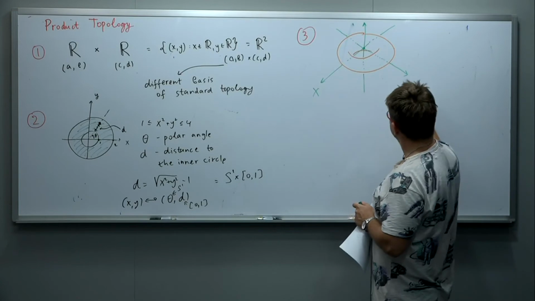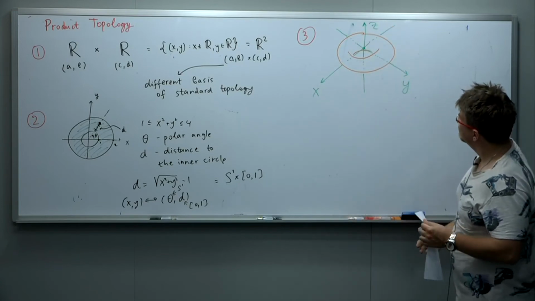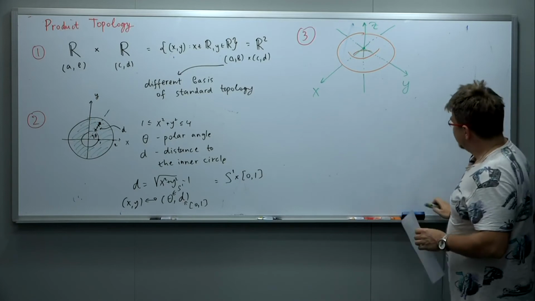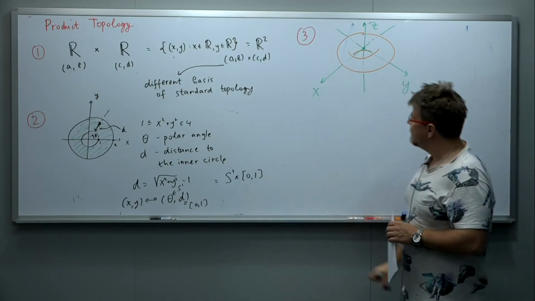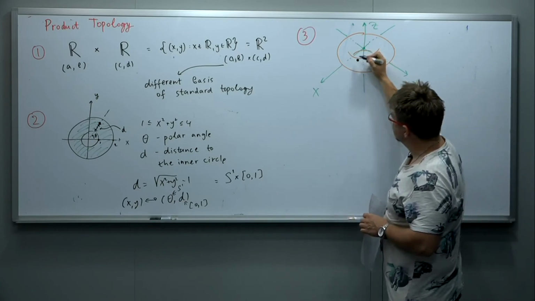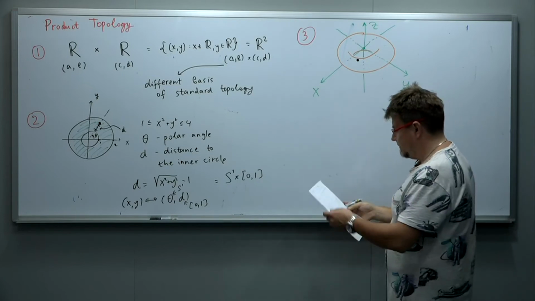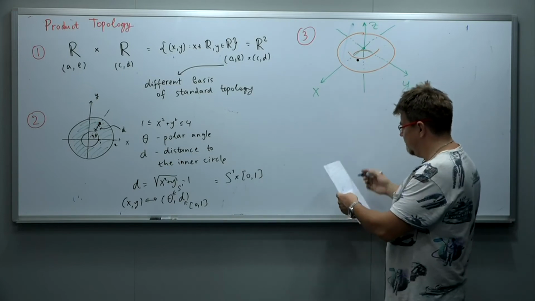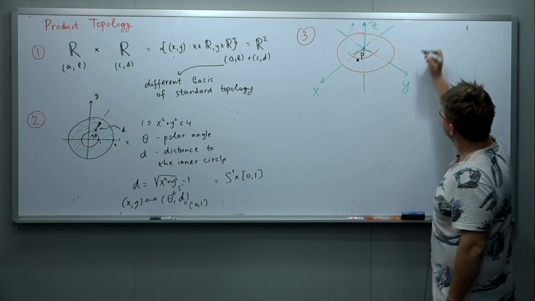So this is going to be x, y, z. Alright, so now how can we specify a point on the torus? Suppose that on this torus I have some point, let's say a point P on the torus.